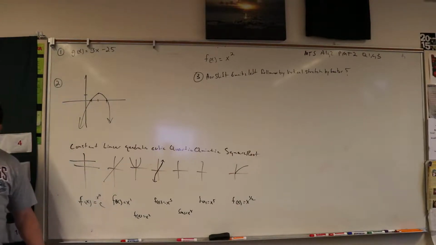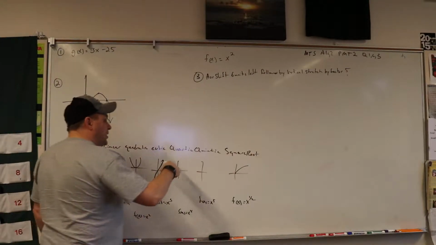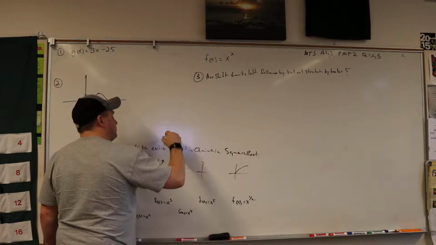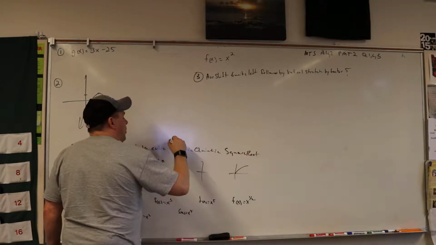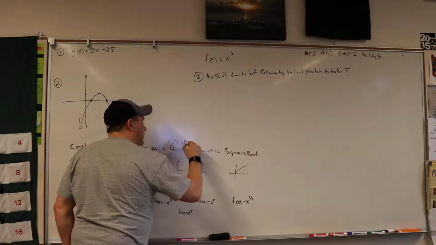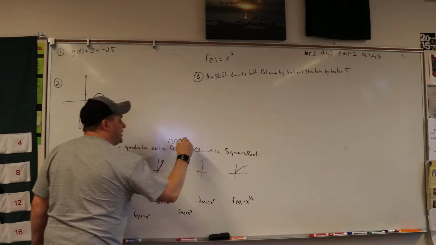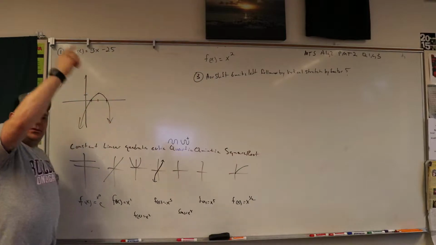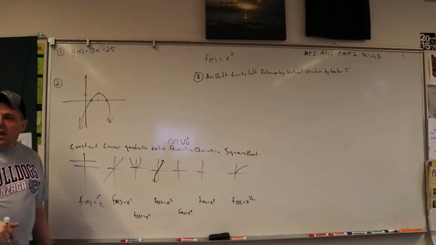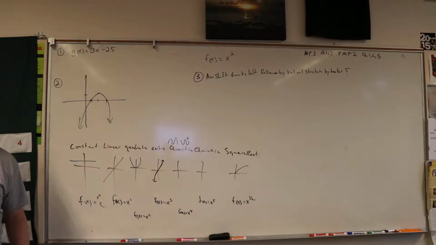Because there's always one less than, or a possible of one less than the degree. So this quartic could look like 1, 2, 3, or 1, 2, 3, right? Meaning, if the beginning is a positive, it ends with a smile, right? But if the beginning is a negative, it ends with a frown. Remember that?